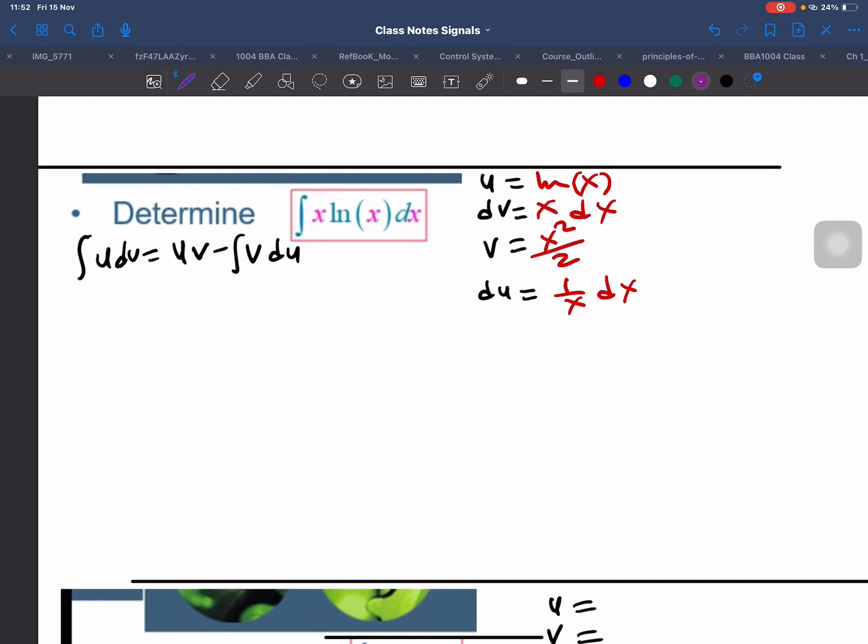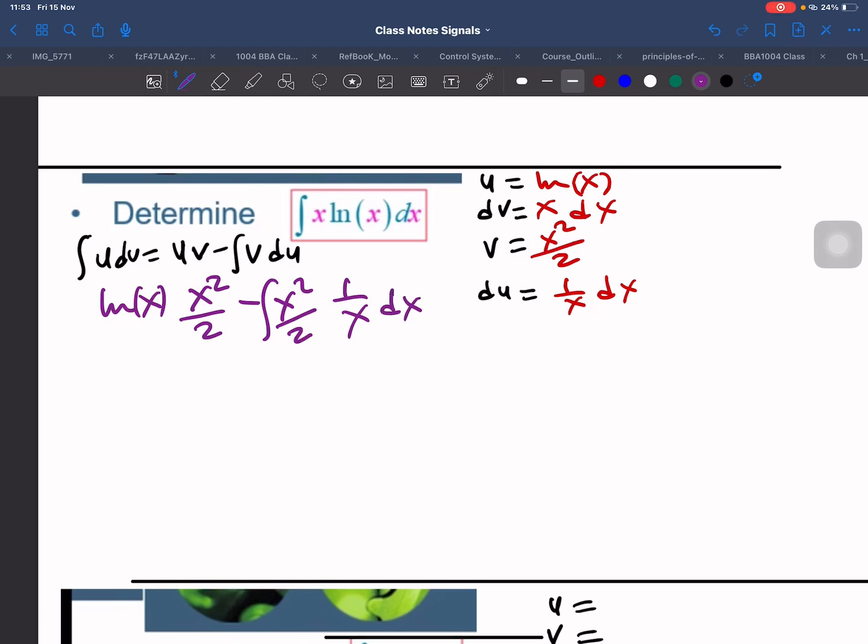uv is ln x multiplied by x squared over 2, minus the integral of x squared over 2 multiplied by 1 over x dx.